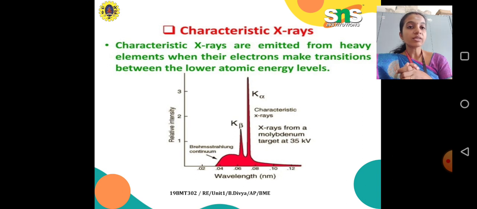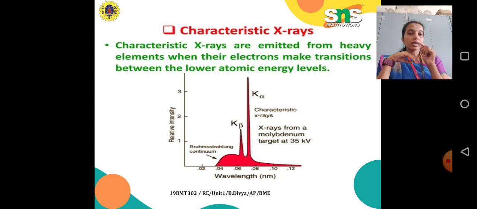Characteristic X-rays are emitted from heavy elements when electrons make transitions between the lower atomic energy levels. In this diagram we can see that K alpha and K beta are the characteristic X-rays.